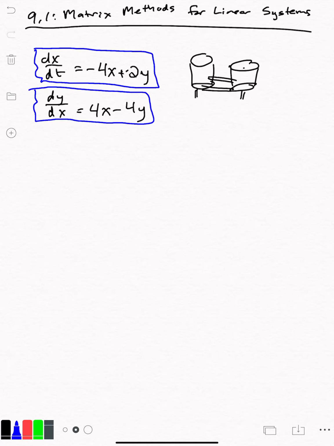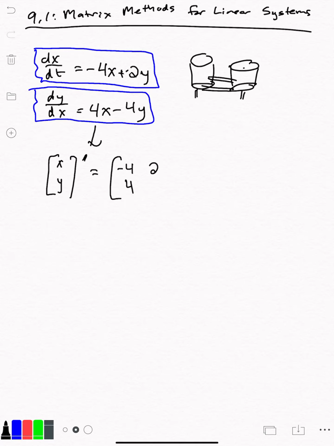But what we can do is take this problem and rewrite it in a matrix format. And this is not a minus.